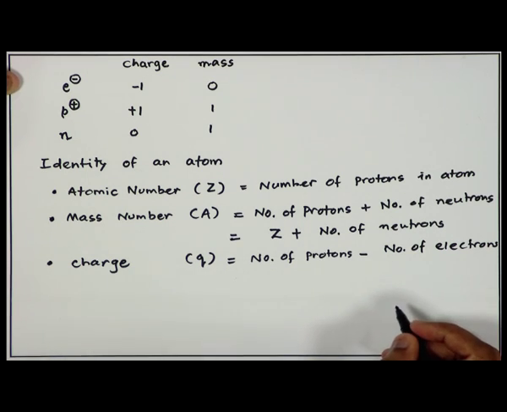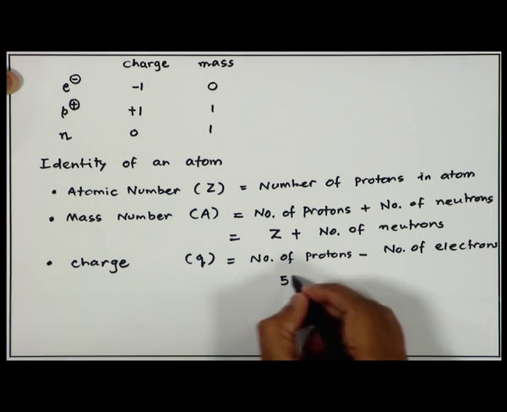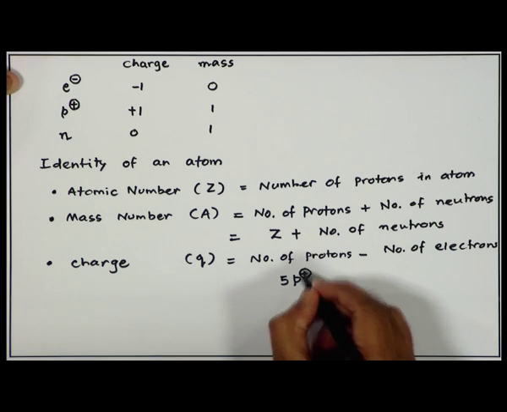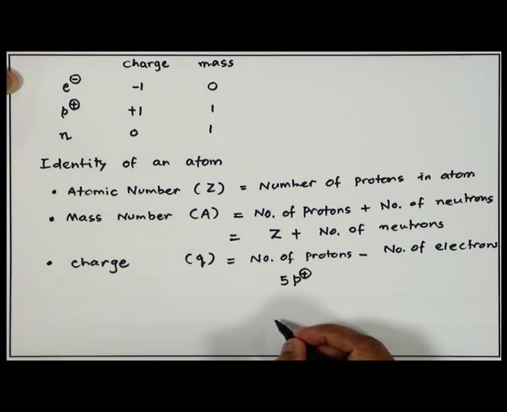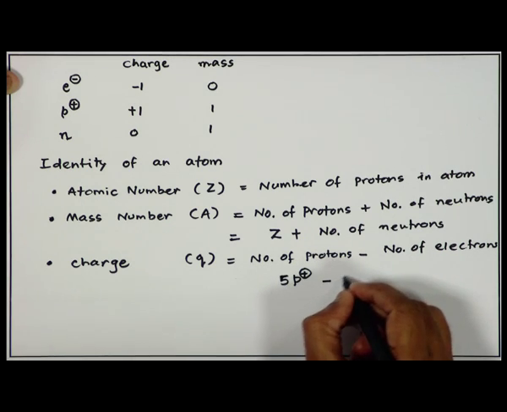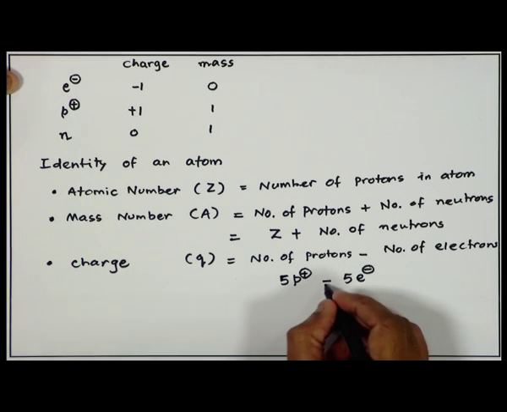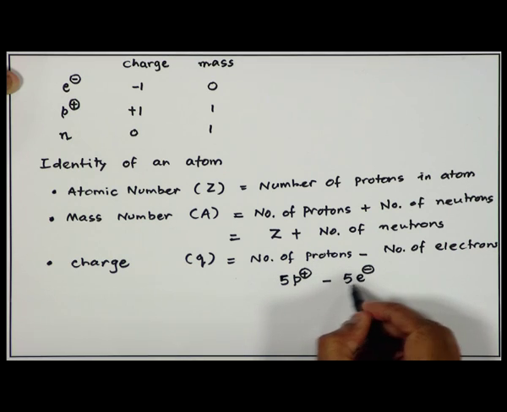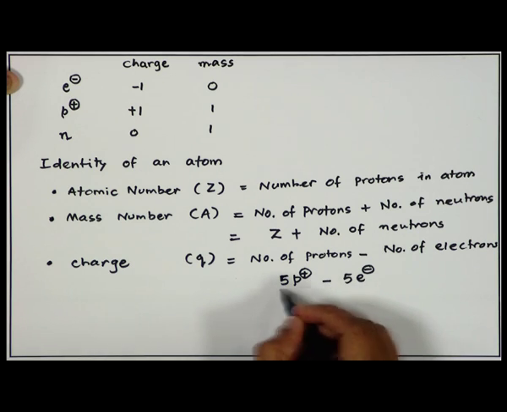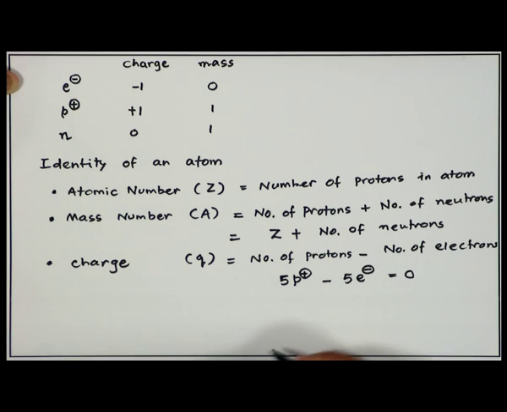Let us take some examples. Let us say I have an atom which has 5 protons. So, 5 p plus, each proton has plus 1 charge. So, the protons contribute plus 5 charge, and let us say I have got 5 electrons, each electron has minus 1 charge. So, therefore, net contribution of charge from the electron side is minus 5, and when I combine them, plus 5 minus 5, I get the total charge as 0.